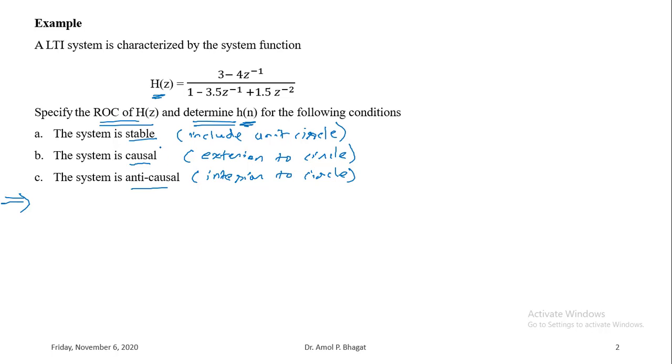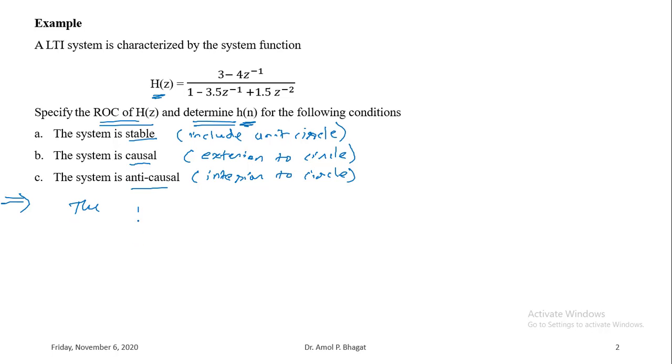But before utilizing these three conditions and identifying the inverse Z transform of H of z as h of n, we need to initially use the partial fraction expansion method to take the inverse Z transform of H of z, right?